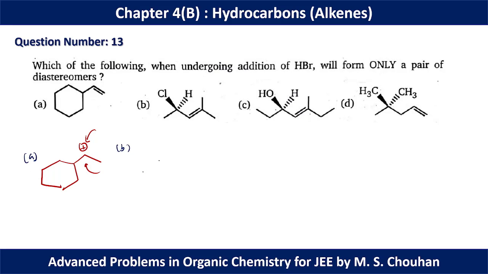Now if we go for the second one, we have a carbocation in this case. So we have chlorine and hydrogen like this.